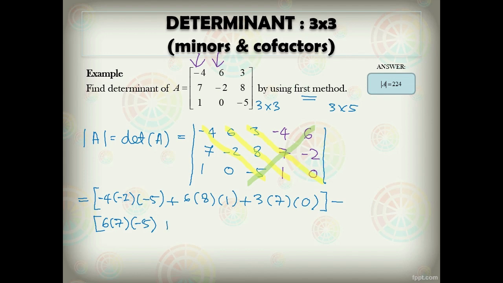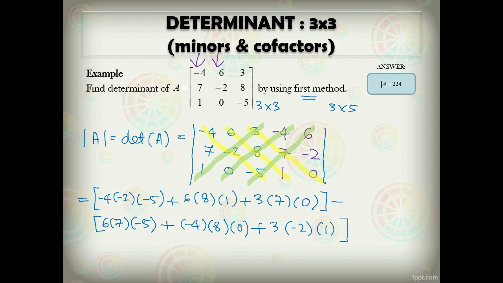Plus the next diagonal, minus 4 multiplied by 8 multiplied by 0. Plus the last diagonal, which is 3 times minus 2 times 1. Close the bracket.